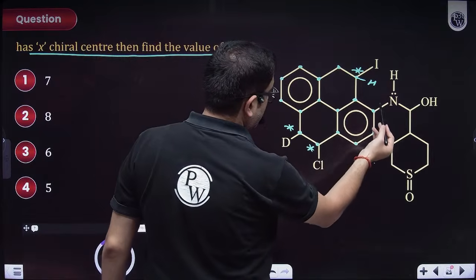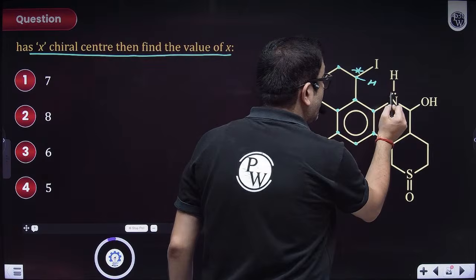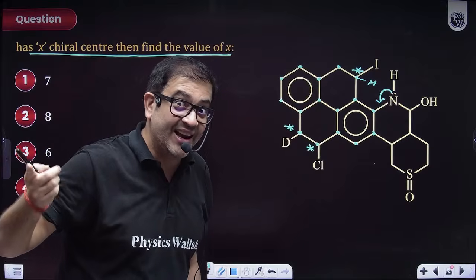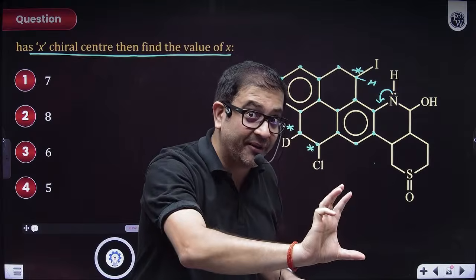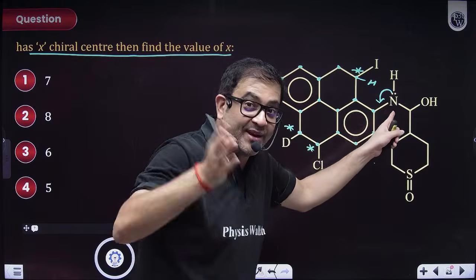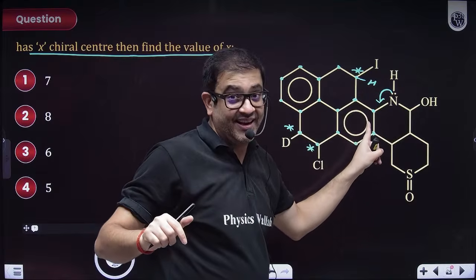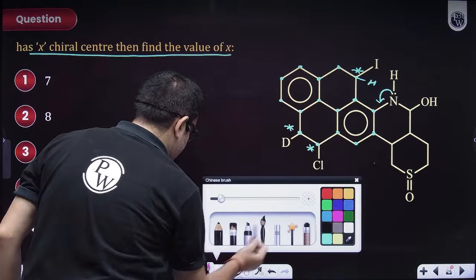Then nitrogen. Beta, the lone pair on nitrogen will be delocalized. Sulfur was also getting delocalized, but even after that it was having 3 differently substituted bonds with a lone pair. Its lone pair is not there permanently; it will be delocalizing in the ring. So let me draw this with a different pen because this is a good logic.